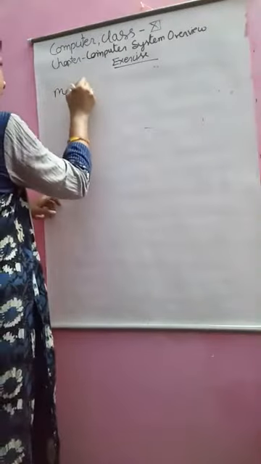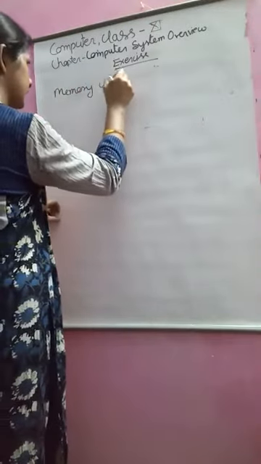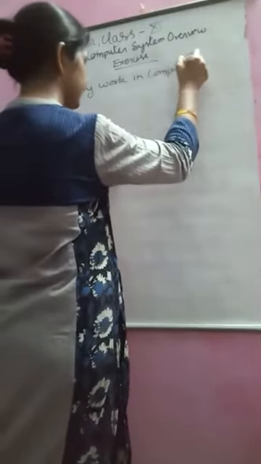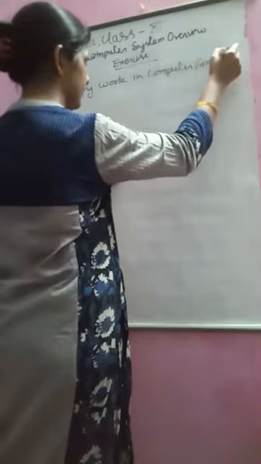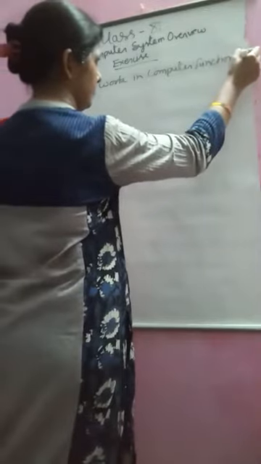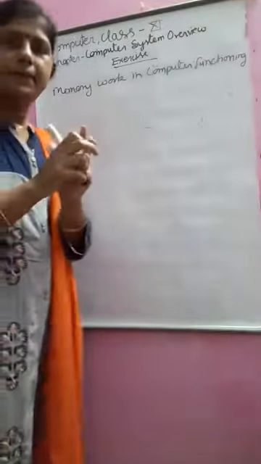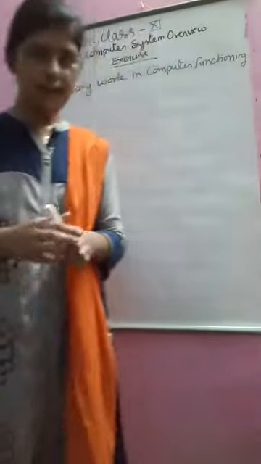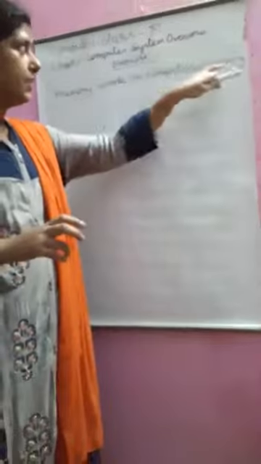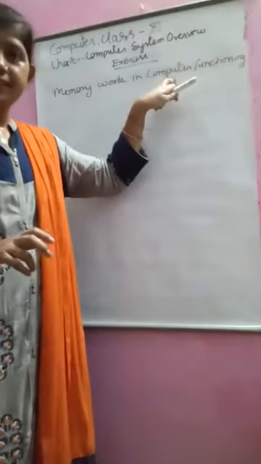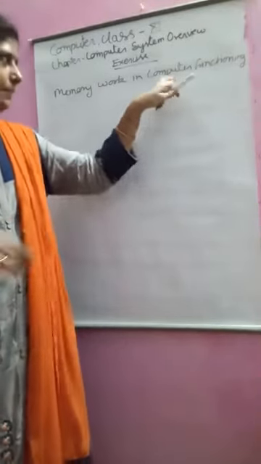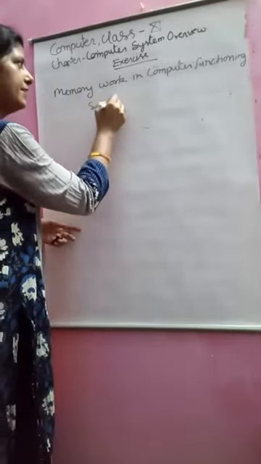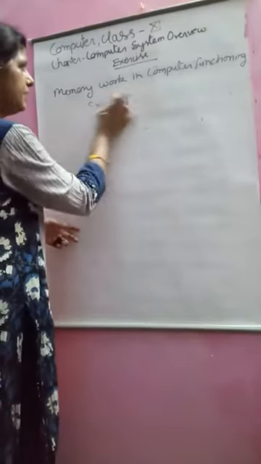Just take an example. You want to execute MS Word, right? Now, what is the functioning to run MS Word? Now the role of the memory. Where is MS Word? MS Word is on the secondary storage device, which means on the hard disk.